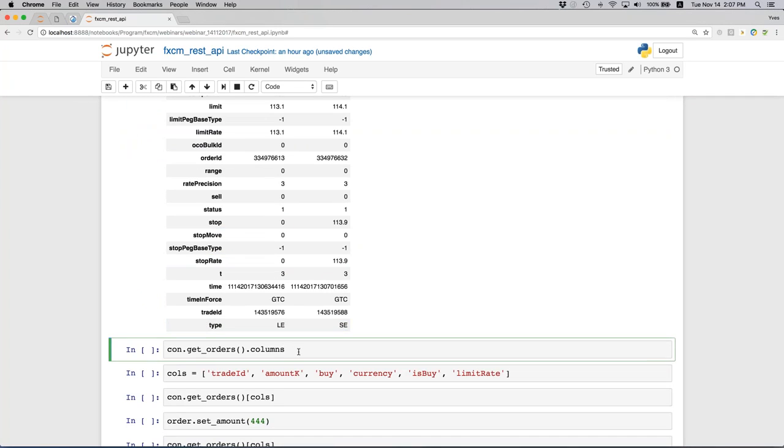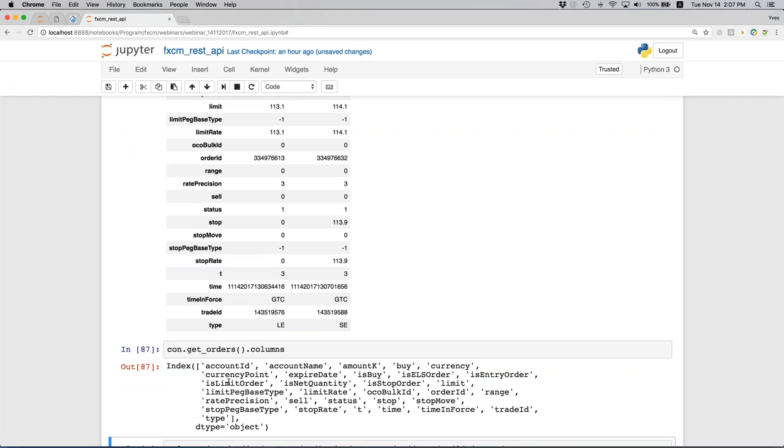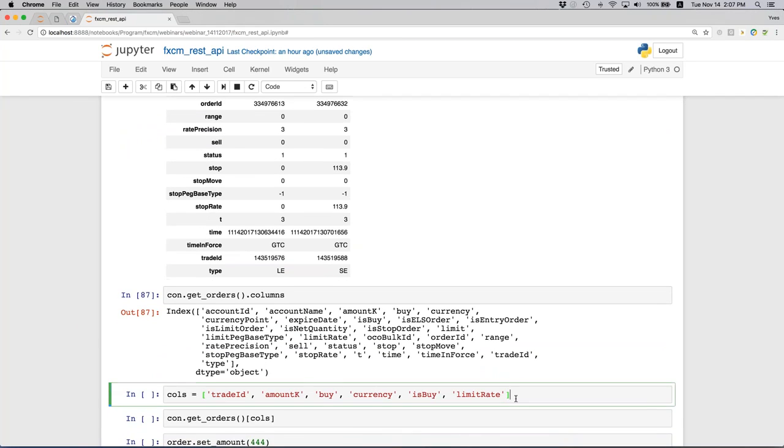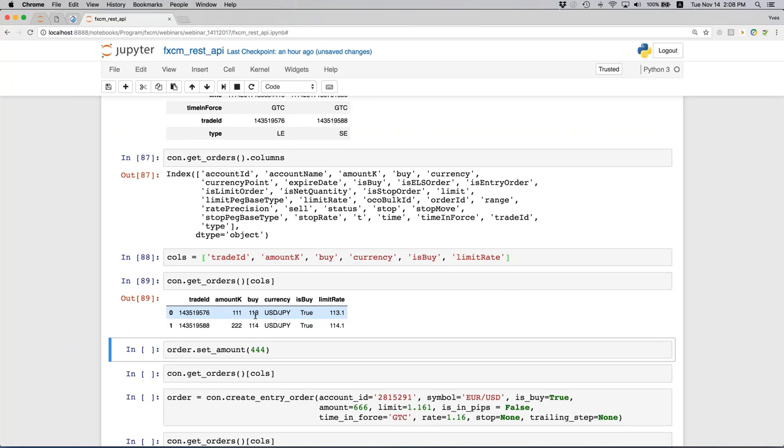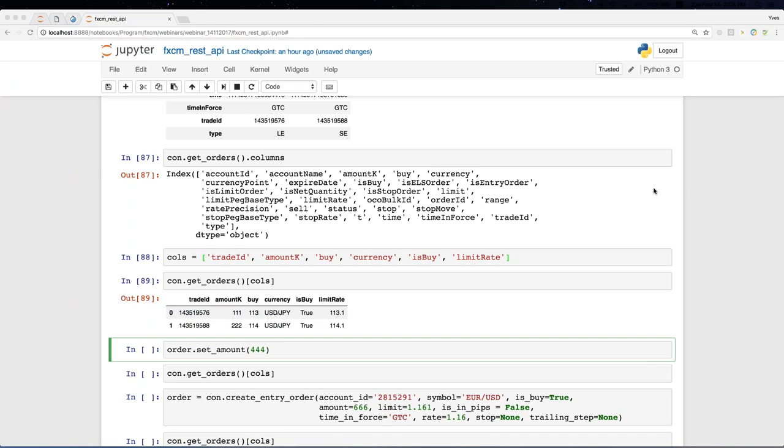And what I've been doing before, I can do here as well. There's quite a bunch of information associated with a single order, and I can pick out those columns that interest me: the trade ID, the amount, buy, currency, is buy true, and some limit rate that we might have here.